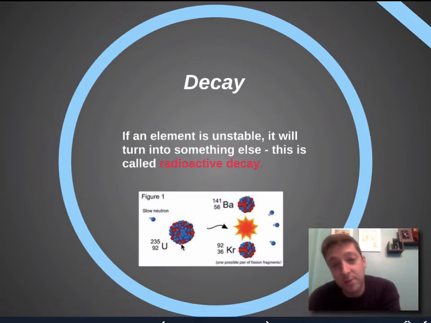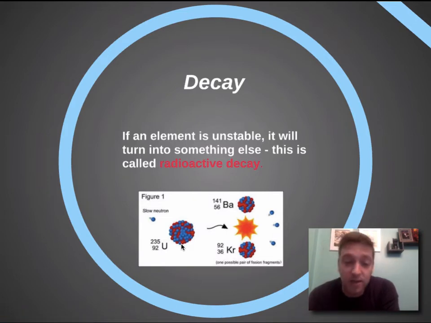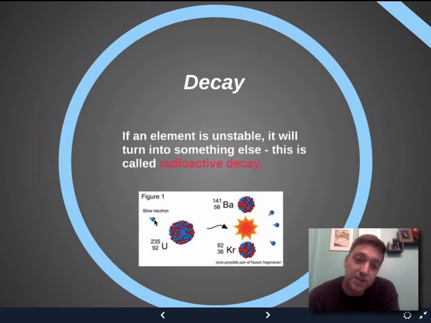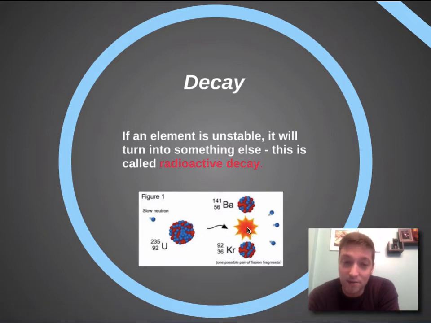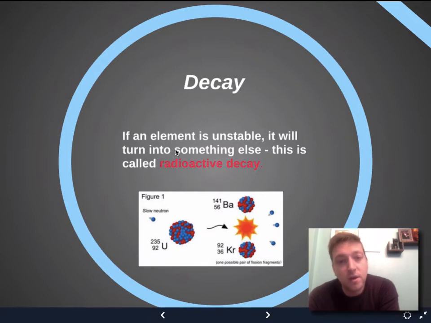So it's super unstable. It can change very quickly. So as soon as you destabilize it, it splits into two elements, barium and krypton. But it also releases a bunch of energy at the same time. And this energy is the basis of nuclear bombs.